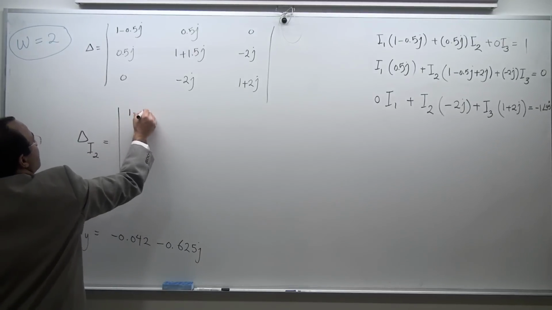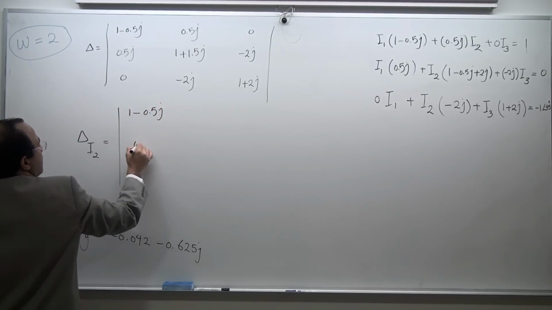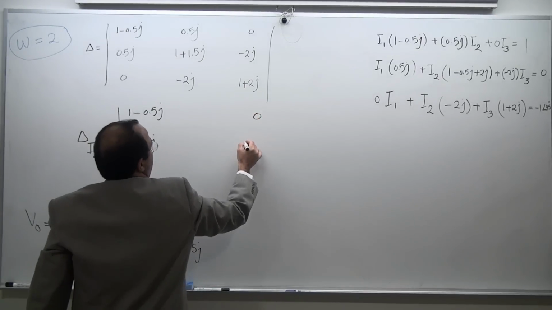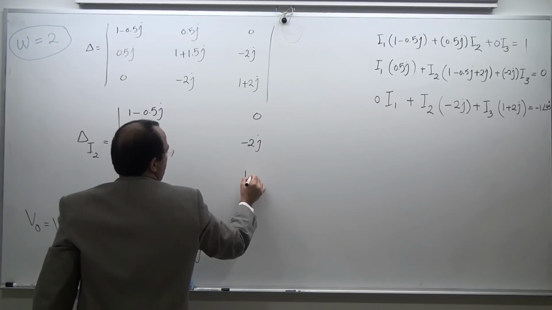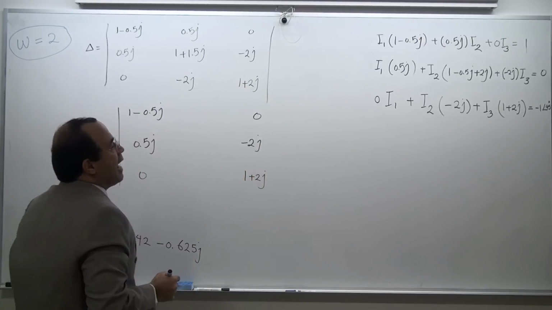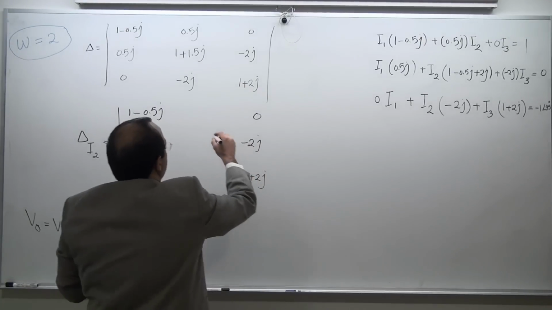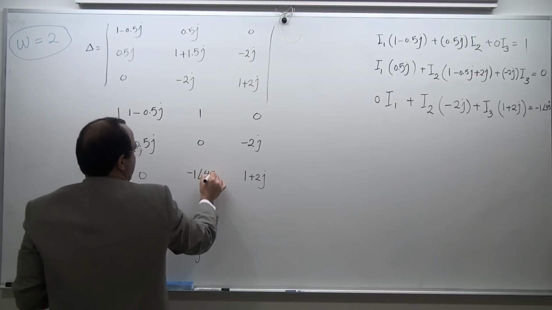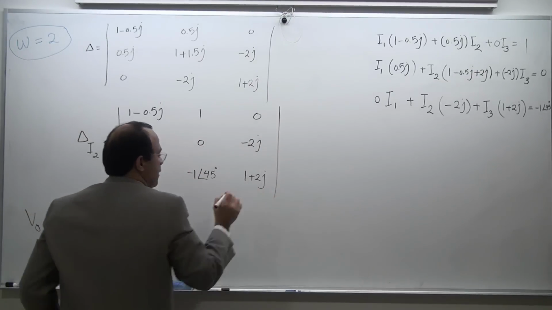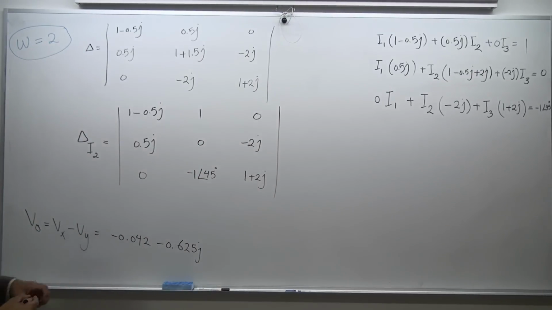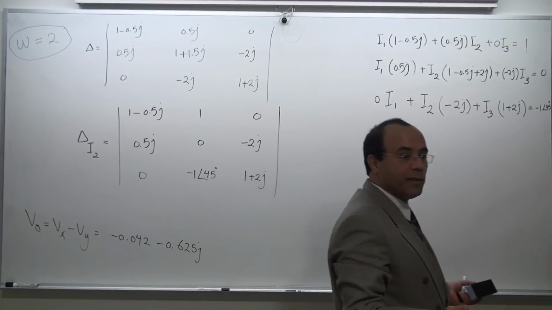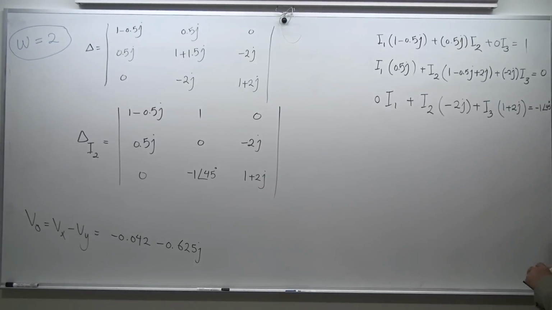So I'm going to have this one, and this one the same, and the second column is actually replaced by 1, 0, minus 1 angle 45 degrees. Again, I hope I haven't made any mistake. And then, of course, I2 would be delta I2 divided by delta.